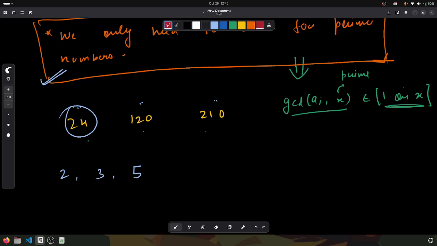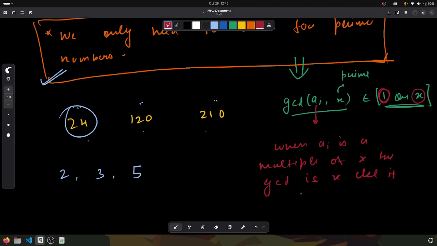Basically I need to check whether the GCD is 1 or not. The GCD is x only when Ai is a multiple of x, else it is not.